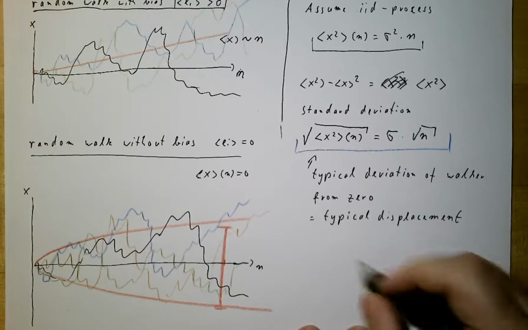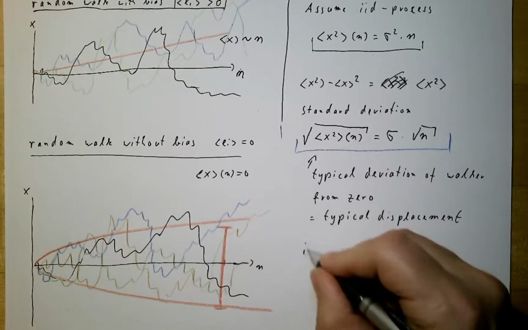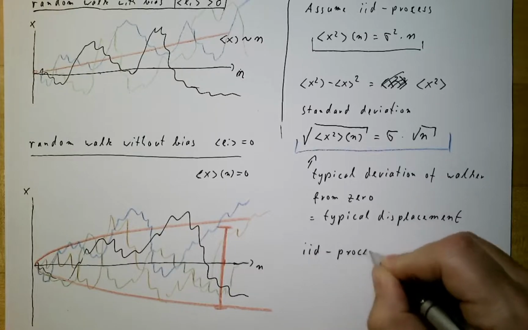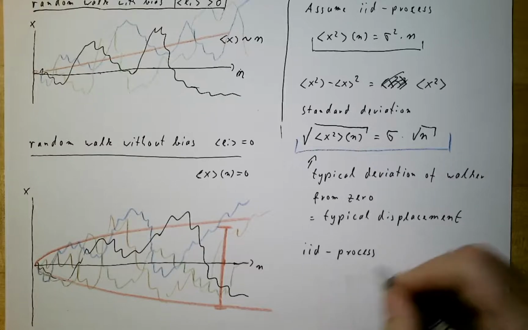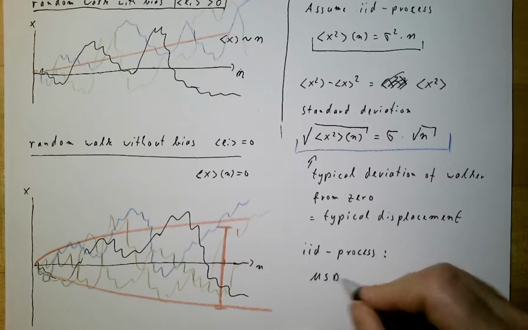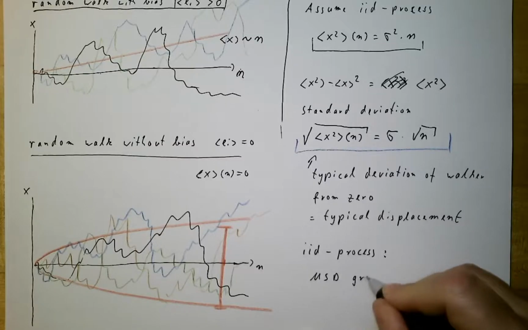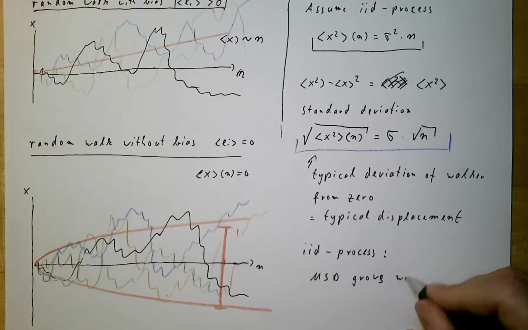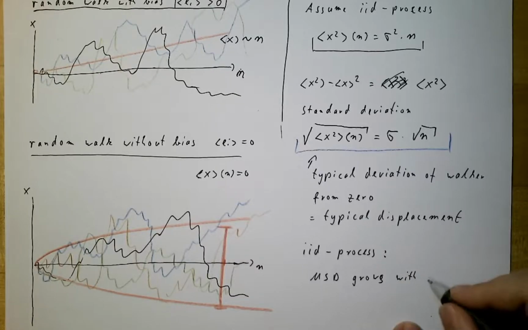The typical displacement, if we have an IID process, the mean squared deviation grows with the square root of time.